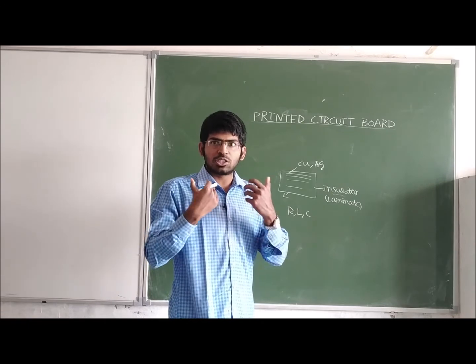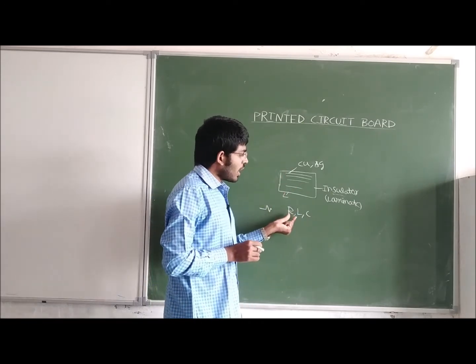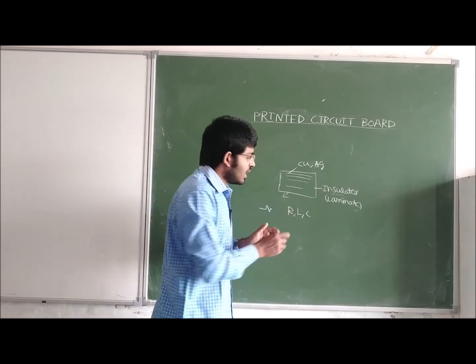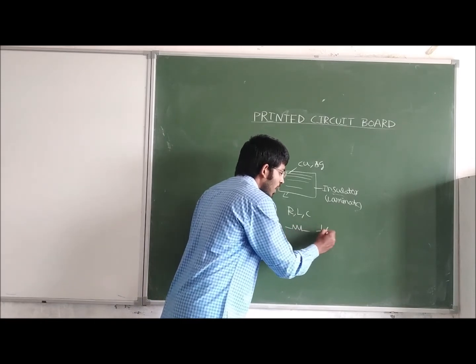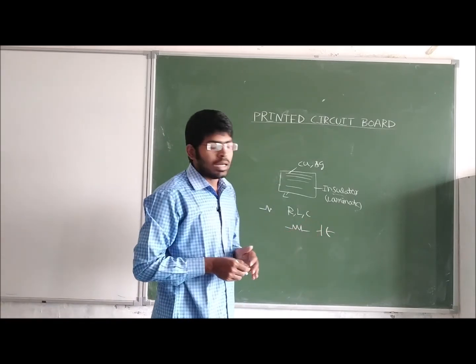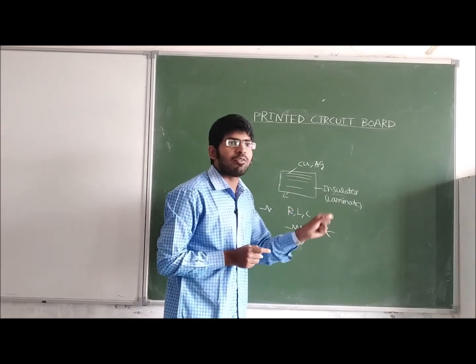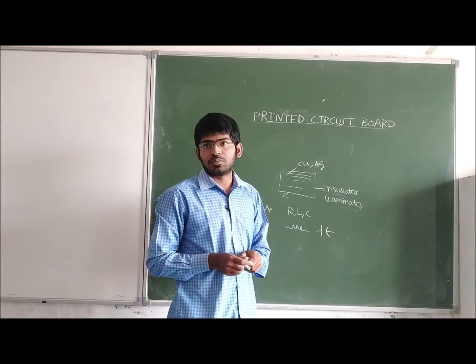We want to use these components in our project. When we want to connect two electronic components in our project, then we require some wires. I am connecting a resistor to a capacitor. When I want to connect this resistor to the capacitor, I require a wire. With the wire only I can connect.